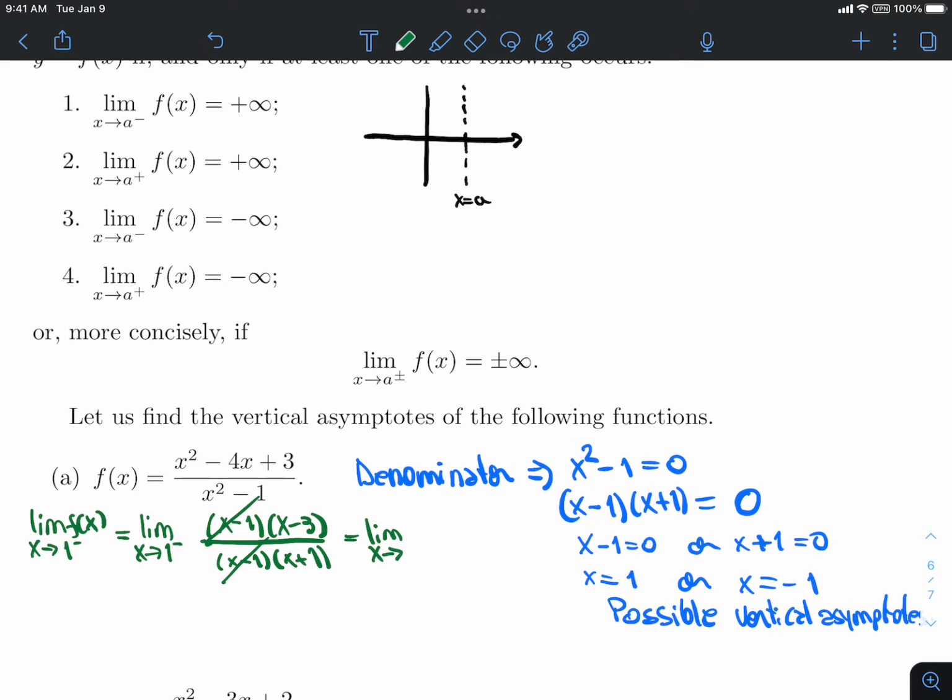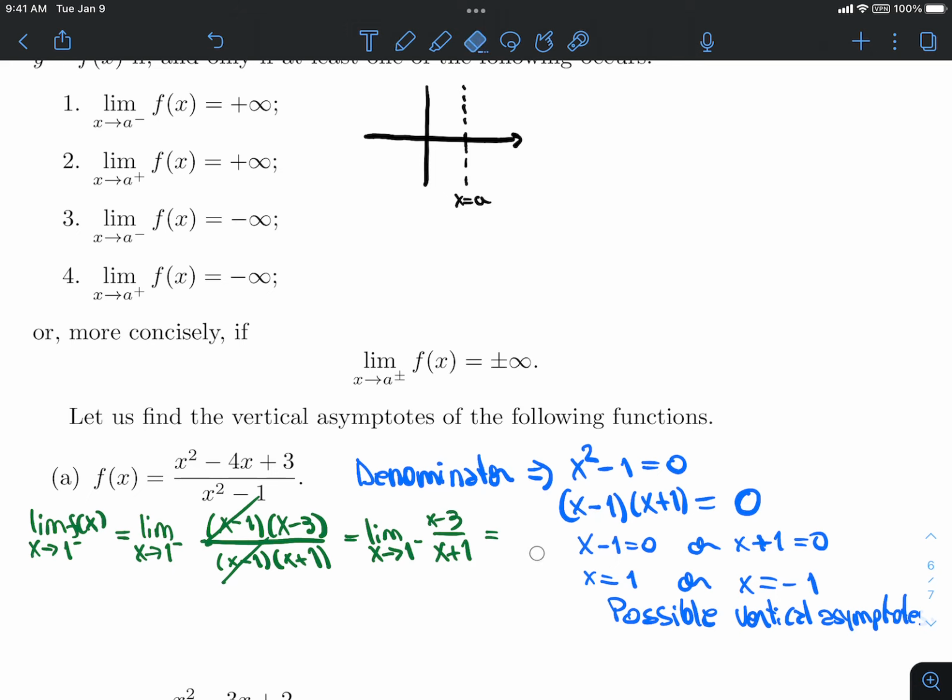Limit when x goes to 1. There's no 0 happening there, right? As you notice, the bottom no longer contains a factor of 0. That's just going to be a minus 2 over 2, so just a minus 1.